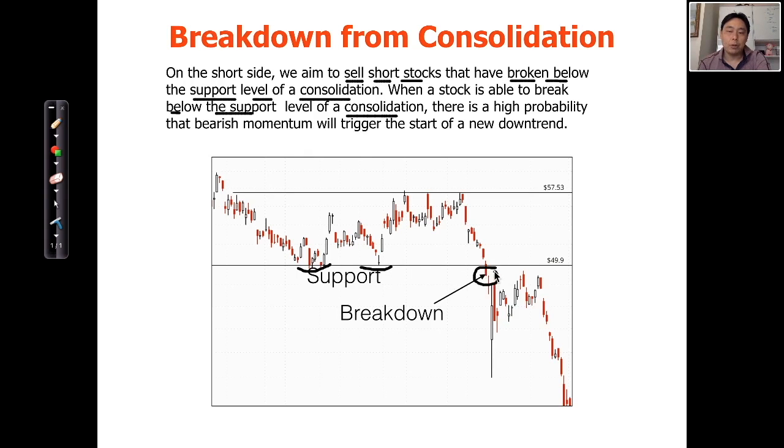It means that suddenly there were so many sellers that all the buyers over here had their orders filled. There are no more buyers left, but there are still many, many sellers, and no one wants to buy anymore, right? And that triggers the price to just collapse all the way down. So once it breaks below a strong support, there's a high probability that bearish momentum will trigger the start of a new downtrend. And that's, again, when we want to get in to short the stock and profit as the price goes down.